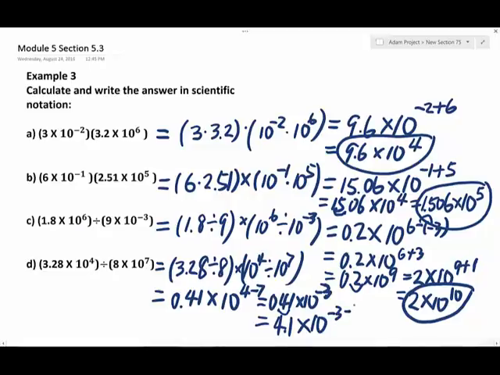Meaning we subtract 1, making -3 minus 1 become -4. So the answer for the last one will be 4.1 times 10 to the -4 power.